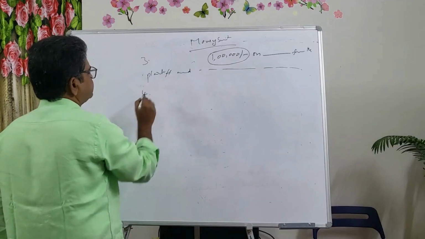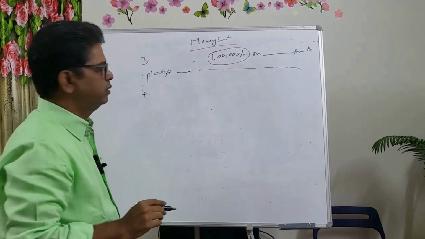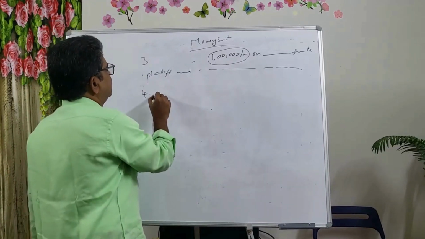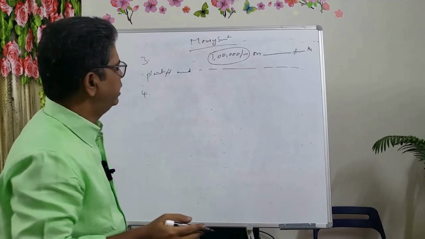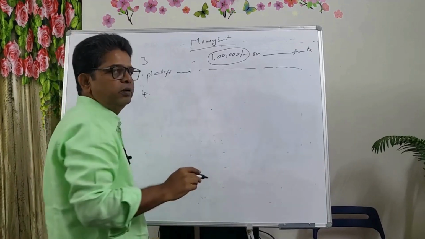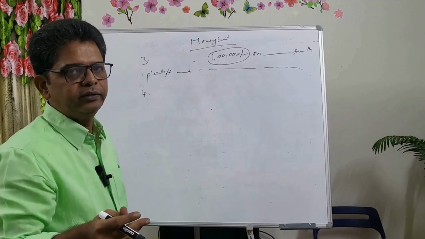Number 4. The plaintiff submits that he orally demanded the defendant to repay his amount, but the defendant did not pay.